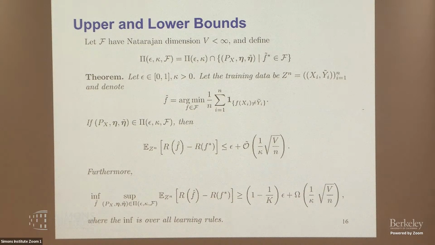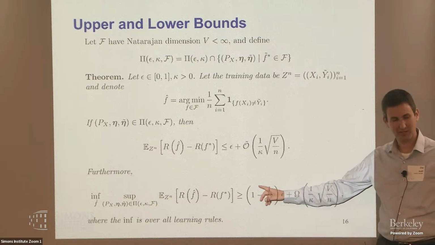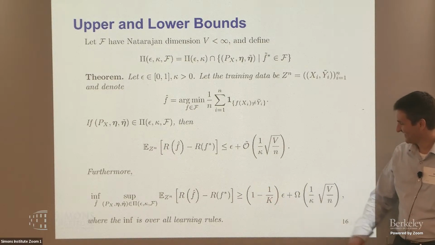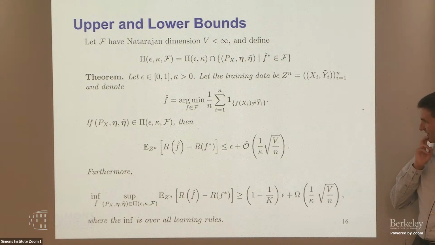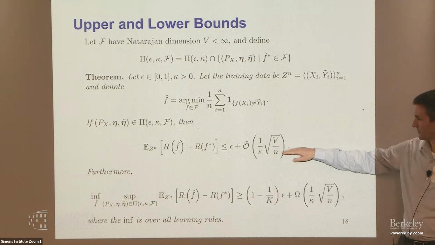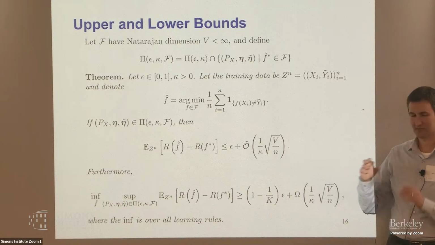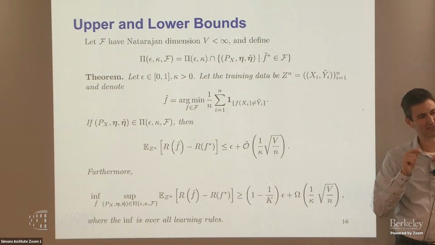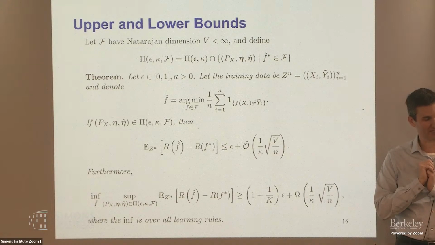Is the label number capital K here? Yeah. This theorem is in the multiclass setting, so capital K is the number of classes. You could get the upper bound to match this if you knew the set A0, if you knew where the noisy and clean Bayes classifiers agree.